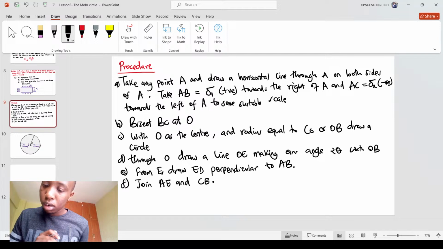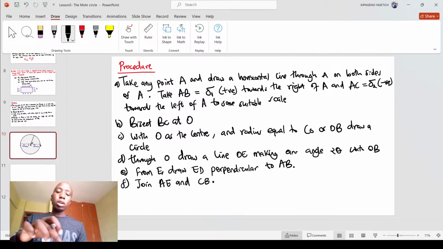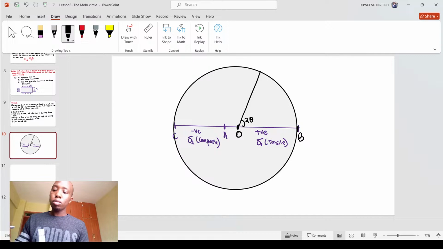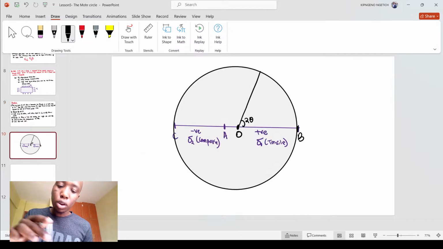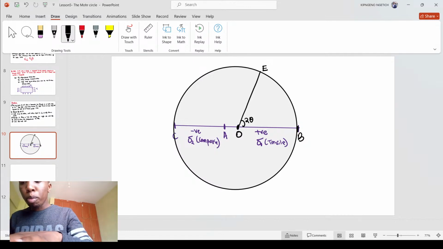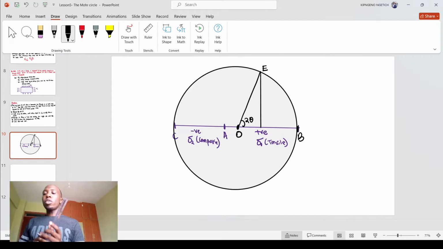Then from E, draw ED perpendicular to AB. So this is line OE, and this is E. Then from E, draw a perpendicular line. Use a protractor, or you know how to draw lines.